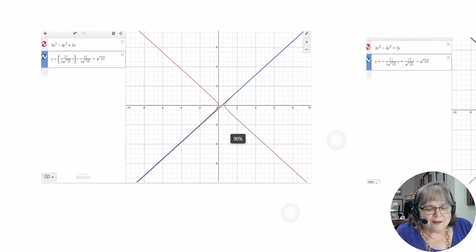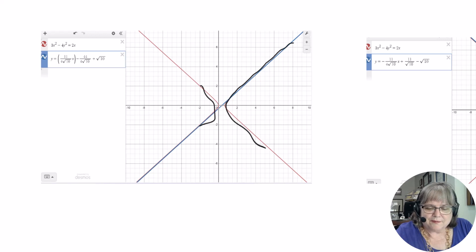So here is the hyperbola sitting right in here. That's a hyperbola. And then the tangent to it over here at x is equal to 4 is right there, and it's so close, so there you can see it superimposed.